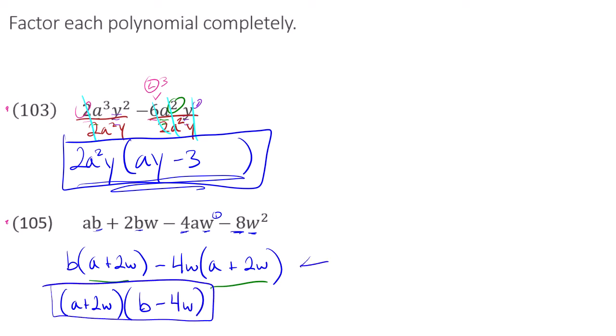Okay, so here's the first step, second step, and then neither of these are factorable, right? They're not difference of squares. There are only 2 terms, so it can't be a perfect square trinomial, nor can we do grouping with it. So that's as far as we can go on that one.